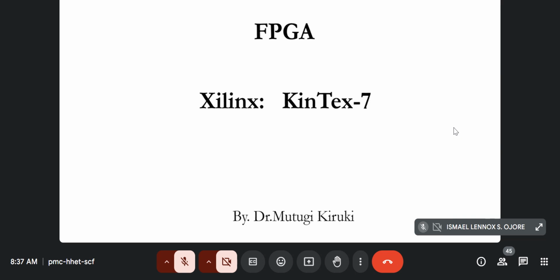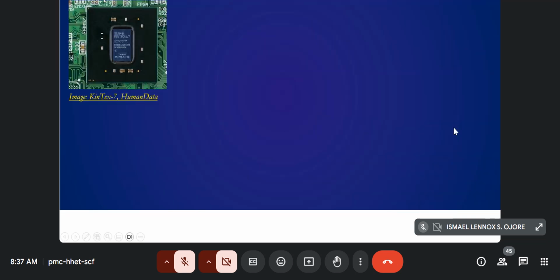So what I'm presenting here is just an example of one of the many FPGAs within the Xilinx family, a Kintex 7. It doesn't really matter which type, just to see what makes up an FPGA. An FPGA is a chip, and therefore you will not utilize it without some support, without it being on some form of a board.